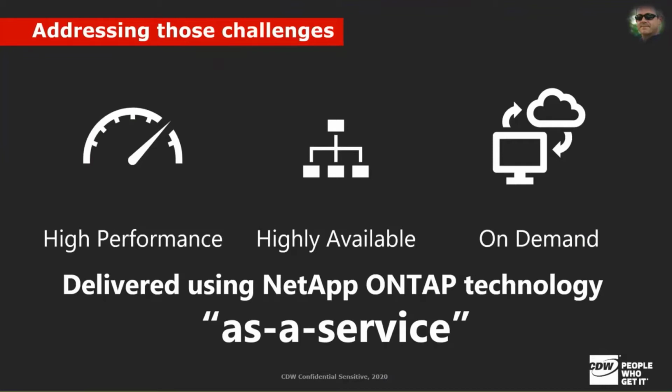It is highly available. It is delivered to you as a service. There's no need to purchase any additional appliances or licenses to support this. It is delivered as part of your Azure consumption plan, and it is on demand. You can provision high performance storage in literally minutes, and all this is actually underpinned and delivered using NetApp's ONTAP technology, which is delivered as a service.